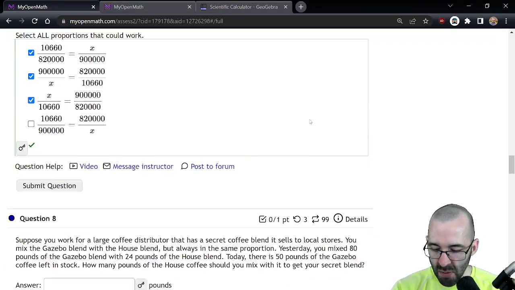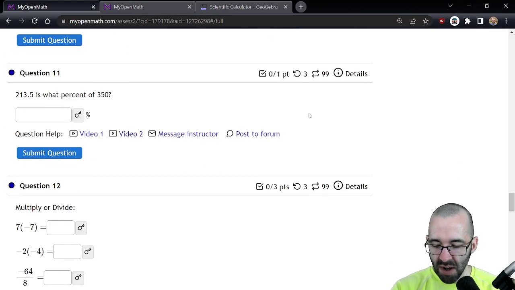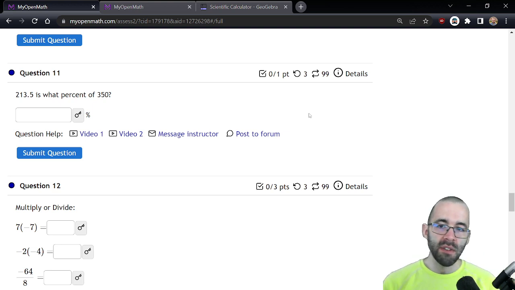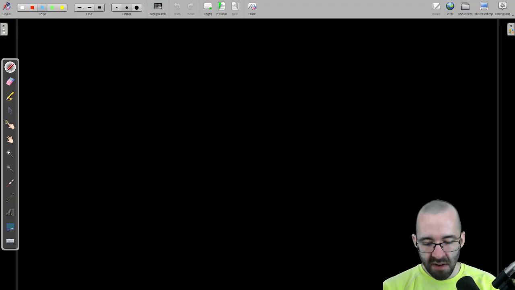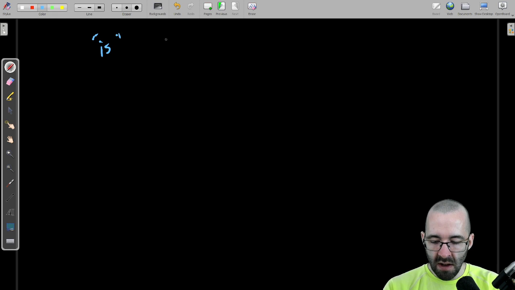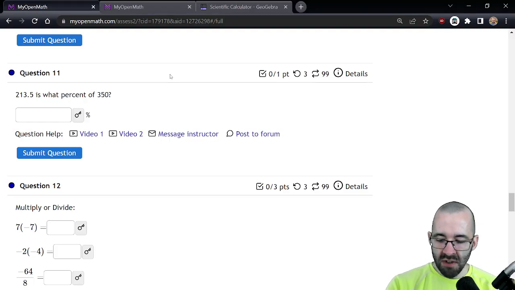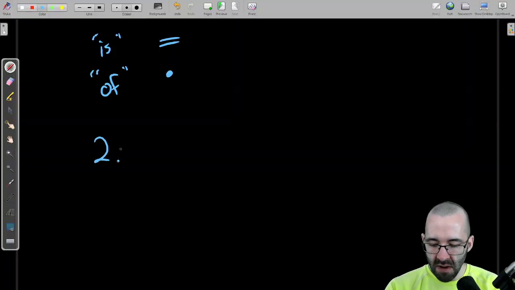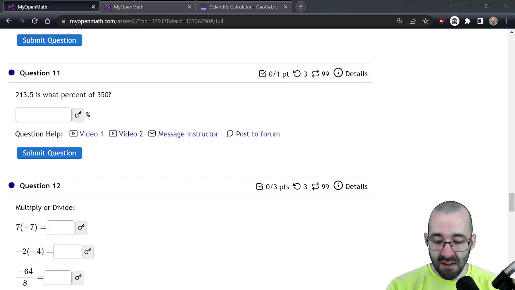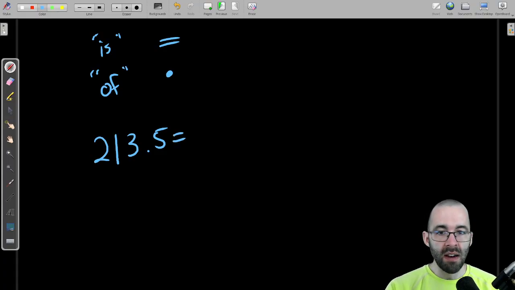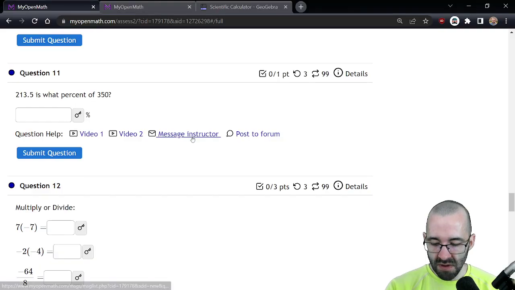All right, let's look at number 11, a different kind of application. For these ones, whenever you see the word is, think equals. When you see the word of, think multiplication. So when it says 213.5 is, we write is equals.